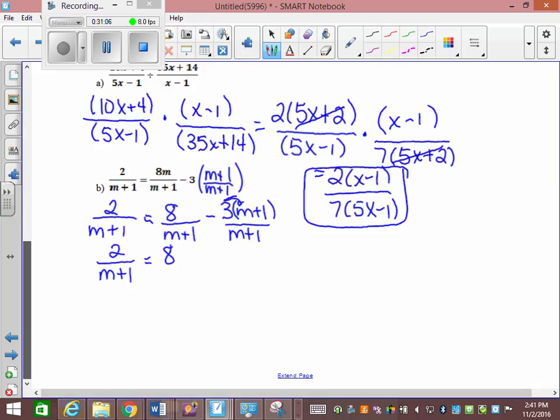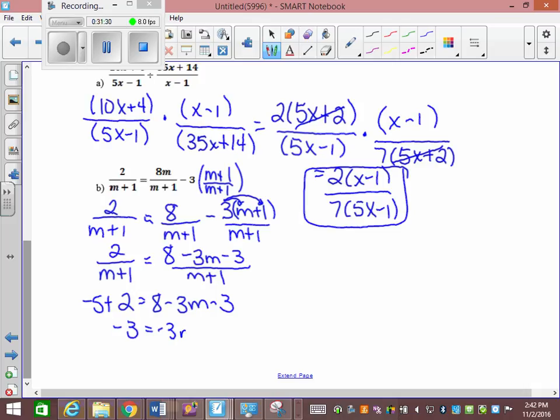What people forgot to do is put that negative 3 to the 1 as well. So minus 3m minus 3 over n plus 1. So you're going to get 2 equals 8 minus 3m minus 3. 8 minus 3 is 5. So I'm going to subtract 5 over here. So I'm going to get negative 3 equals negative 3m. Divide by negative 3, m equals 1.